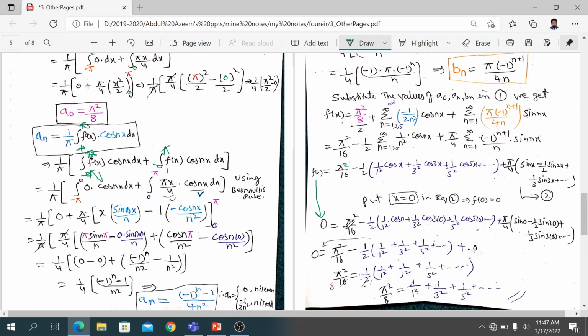So it is 0 equals pi square by 16 minus 1 by 2 times 1 by 1 square plus 1 by 3 square plus 1 by 5 square up to so on, and sin 0 is 0.